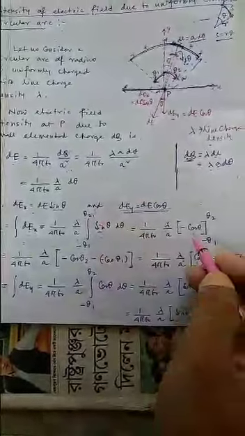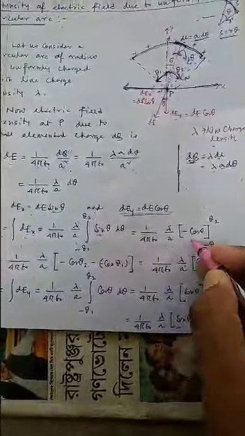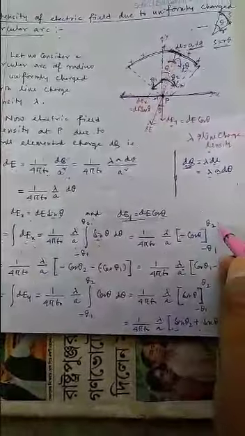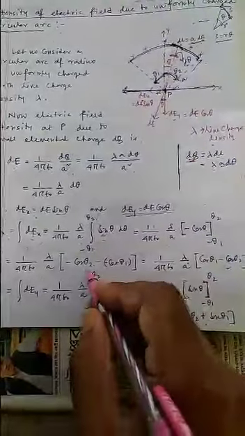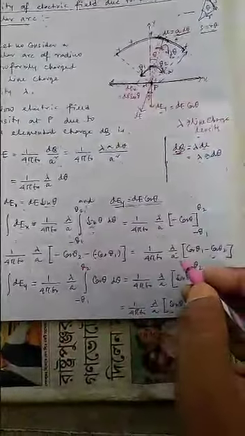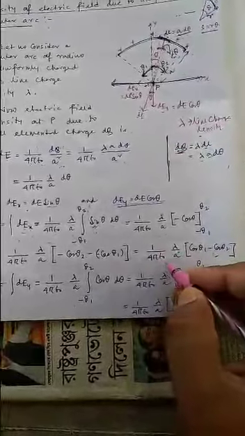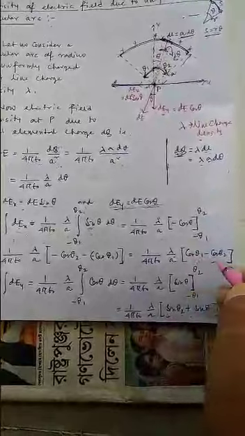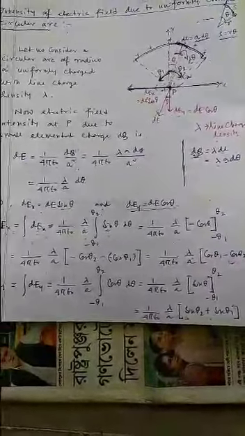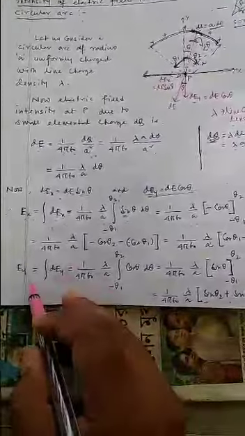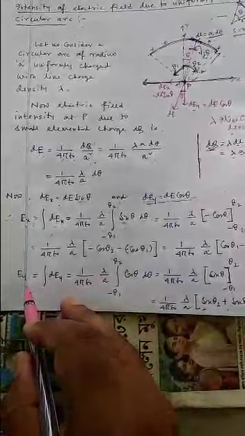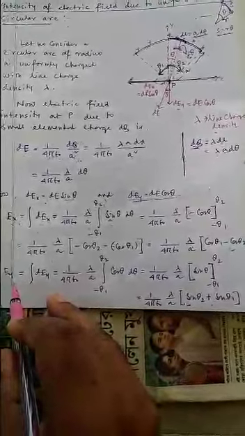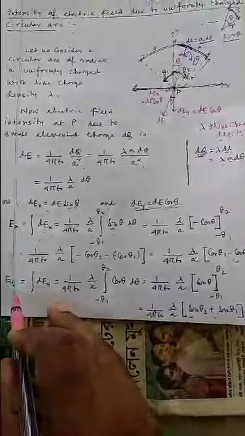If we integrate, we will get negative of cosine theta. After putting the integration limit and simplifying, we will get 1 by 4 pi epsilon naught lambda by A, cos theta 1 minus cos theta 2. Clear? Similarly, we can find out the intensity of electric field for the y component.